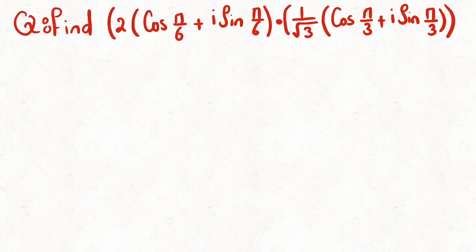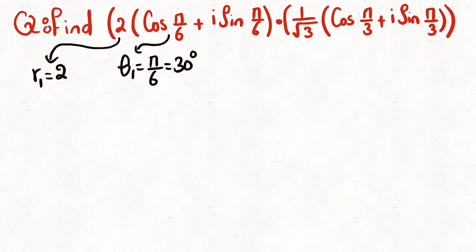Okay, find the product of 2 times cosine pi over 6 plus i sine pi over 6, multiplied by 1 divided by radical 3 times cosine pi over 3, etc. Now, from this equation, we can find that r1 is 2 and theta 1 is pi over 6, which is 30 degrees. Also, from the second bracket, you can find out that r2 is 1 divided by radical 3 and theta 2 is basically 60 degrees.